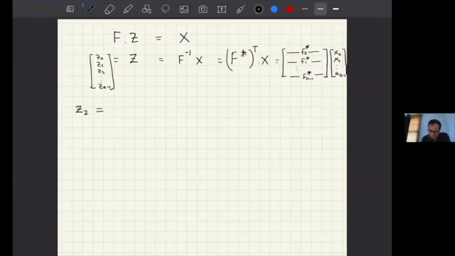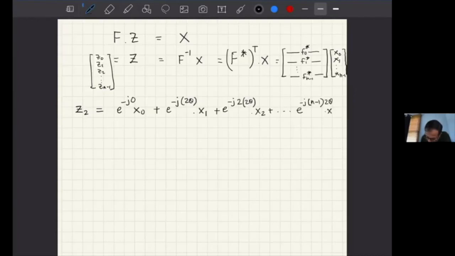So z2 should be e to the power minus j0 times x0. That's the first value of f2, plus e to the power minus j 2 theta times x1, plus e to the power minus j 2 times 2 theta, which is 4 theta, times x2, all the way till e to the power minus j n minus 1 2 theta times x of n minus 1.